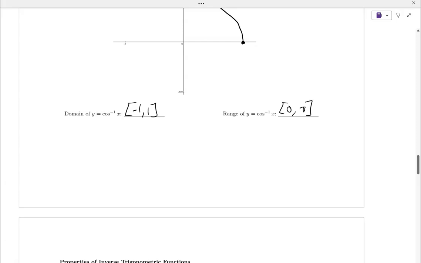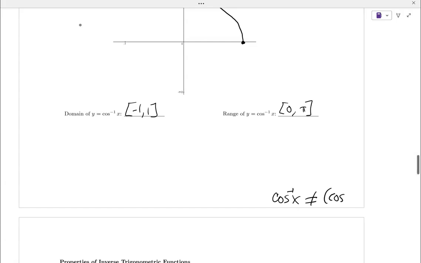Before we go on, one thing I do want to mention is about the notation. Remember when we put that little negative 1 next to the function? That means inverse, right? It does not mean flip it upside down. So be careful with that. This means inverse cosine.